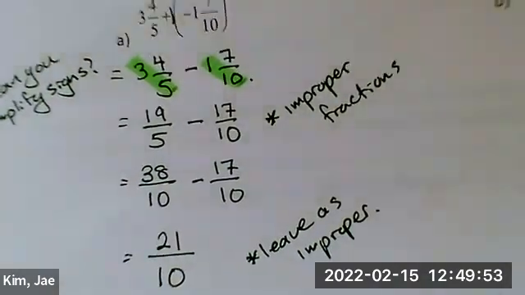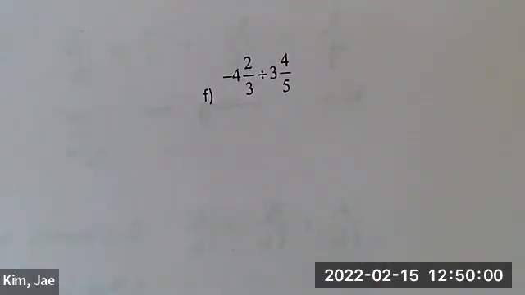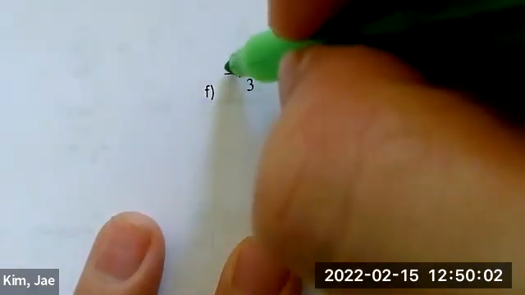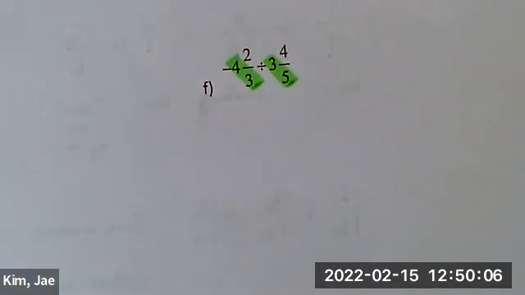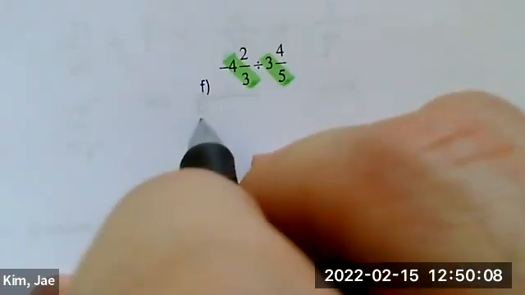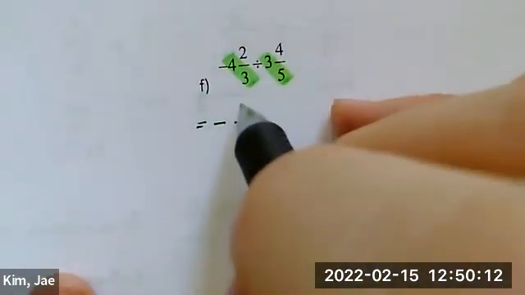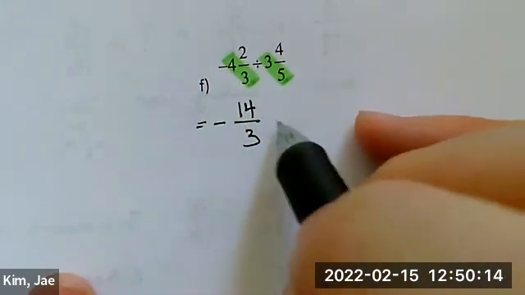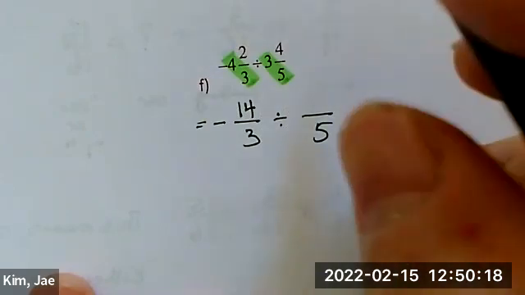Let's go to the very last question, letter F, and I will show you how to remind you how to do a division. Remember, once again, I do not want to deal with that. Please turn it into an improper, which is a 4 times 3, that's a 12, adding to the two pieces I already have. 3 times 5 is a 15.